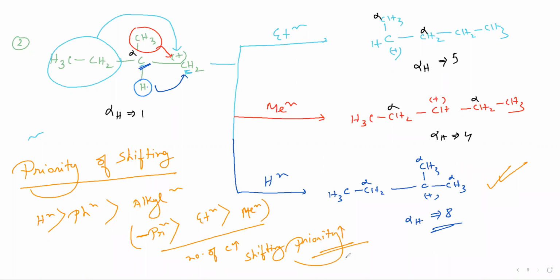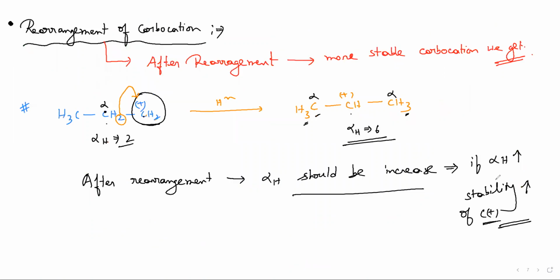Is it clear? Any doubt regarding this part? Another thing, just write down alpha H value. If alpha H value remains same or decreases, no rearrangement takes place.